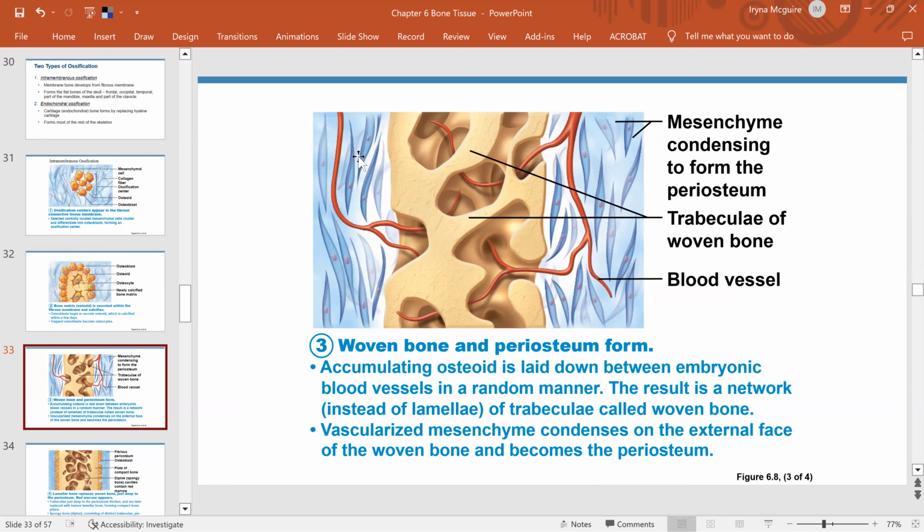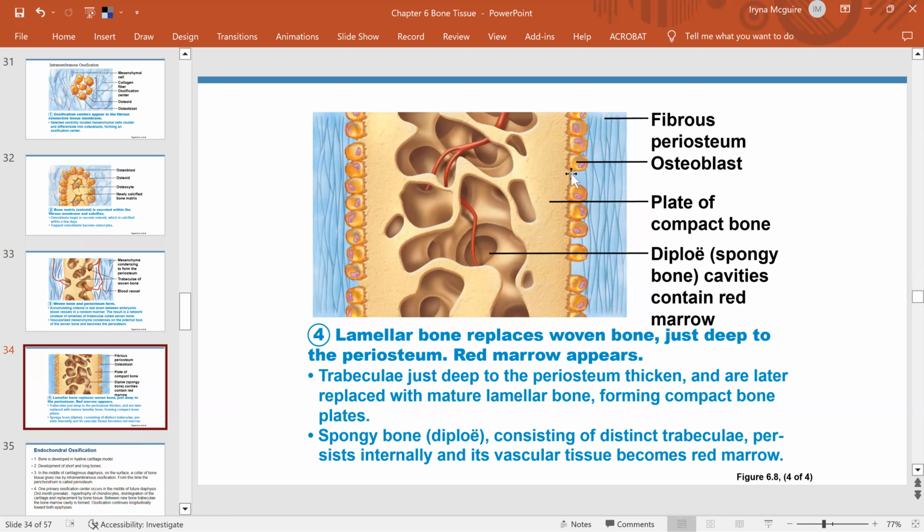Mesenchymal tissue at the surface becomes periosteum, and then osteoblasts on the surface of the bone start depositing osteoid in a circular manner, so they start producing compact bone instead of woven bone. So woven bone becomes spongy bone. We have spongy bone between two plates of compact bone, and the membrane that covers it is the periosteum. Right?